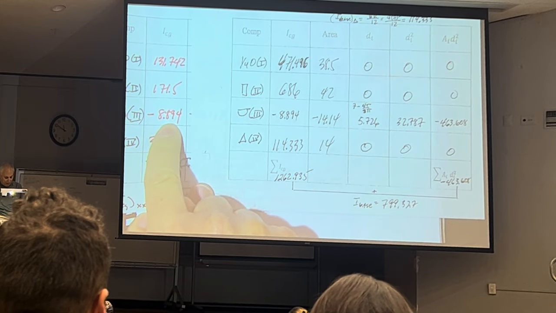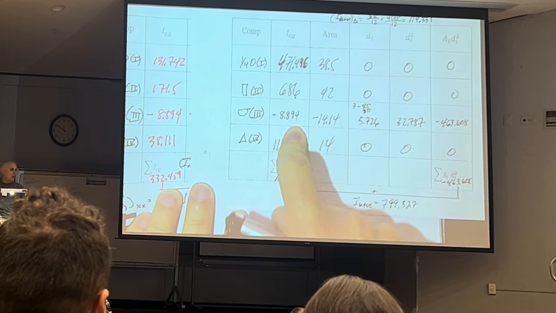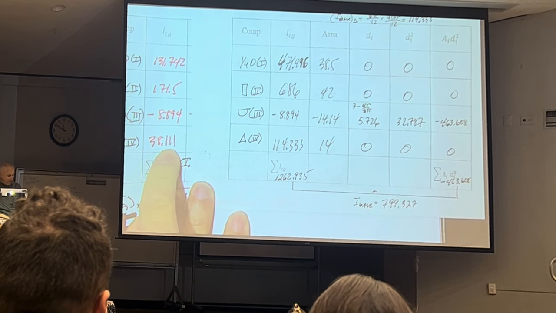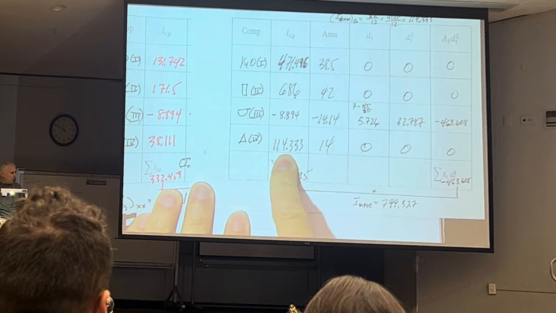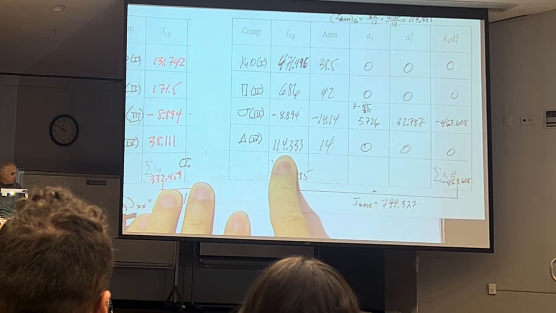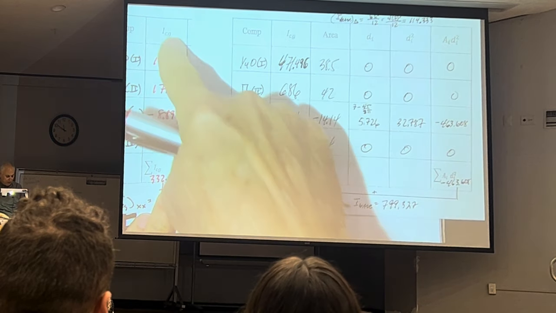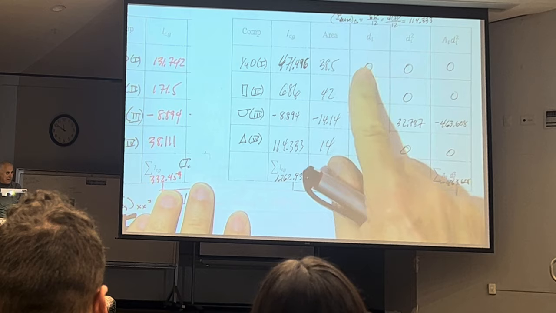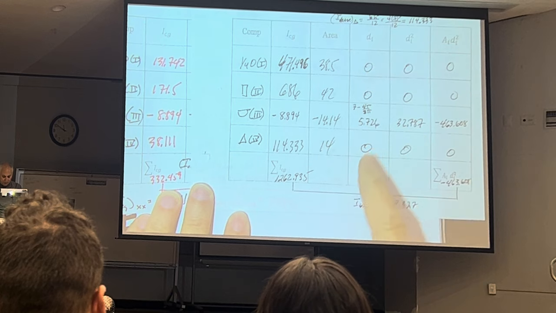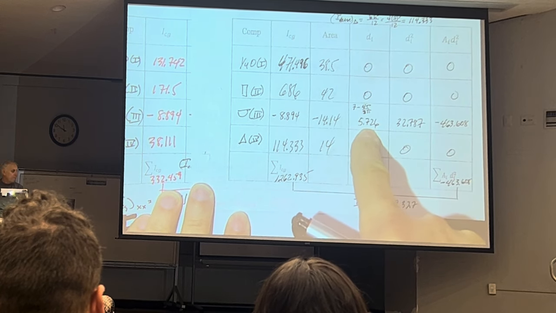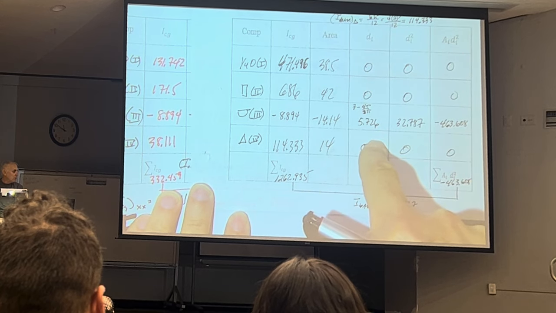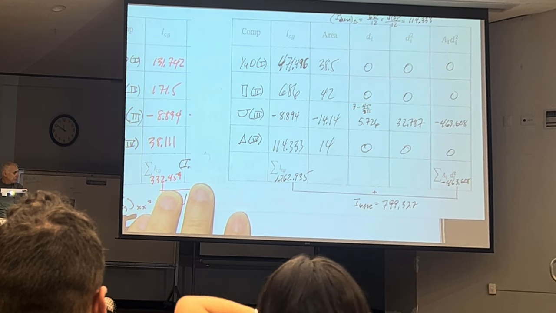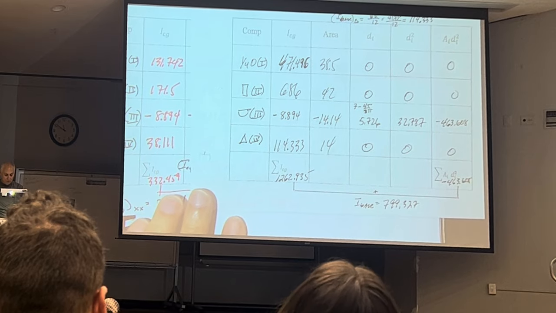This one, minus 8.894, is the same because I use the same formula, ICG. 114.33. So these are the base formulas, these are the formulas going through the centroid. What happened when I was on the base? I didn't have to transfer. 0, 0, 0. The only one I had to transfer was the semicircle to send it from the top down to the base. Okay? Do you see the difference?